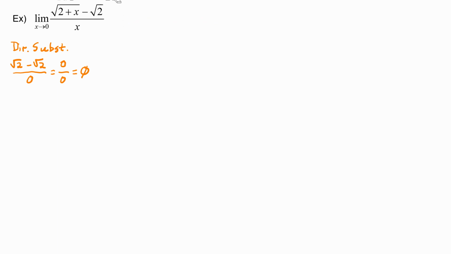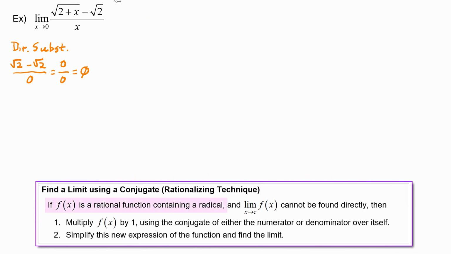Because our original function is a rational expression with a radical in it, we can use the rationalizing technique. So we will need to multiply by 1 using the conjugate of the numerator over itself.